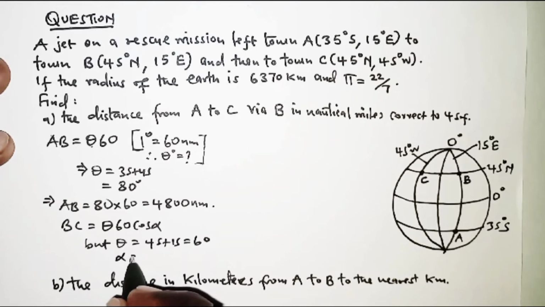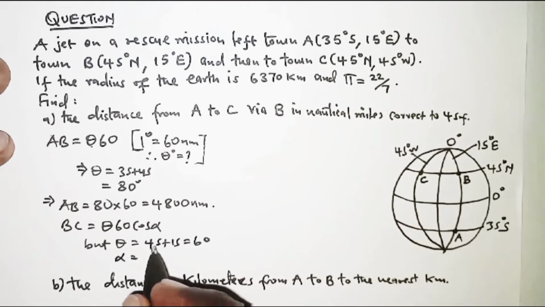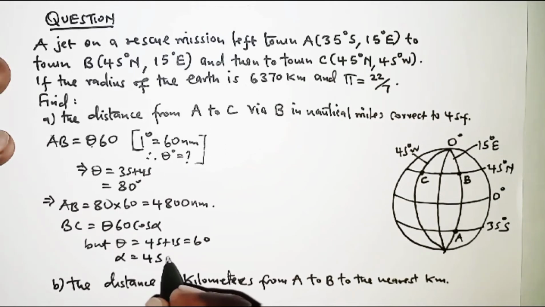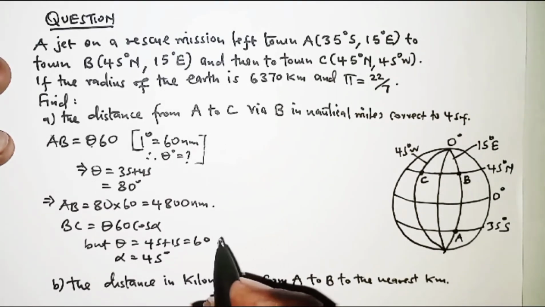And we also know that alpha is the latitude, so we are moving along latitude 45 degrees north, so alpha is 45 degrees.